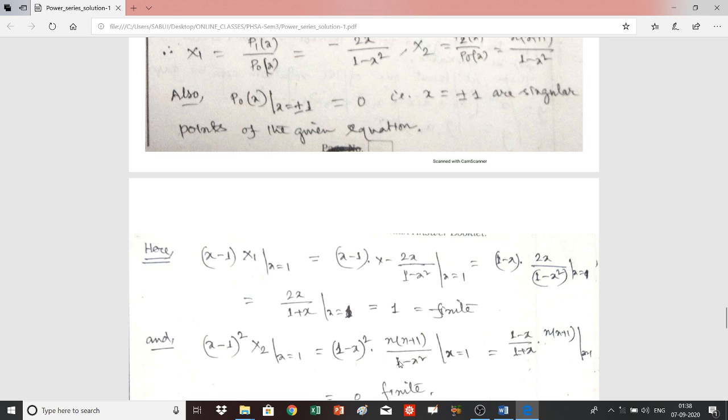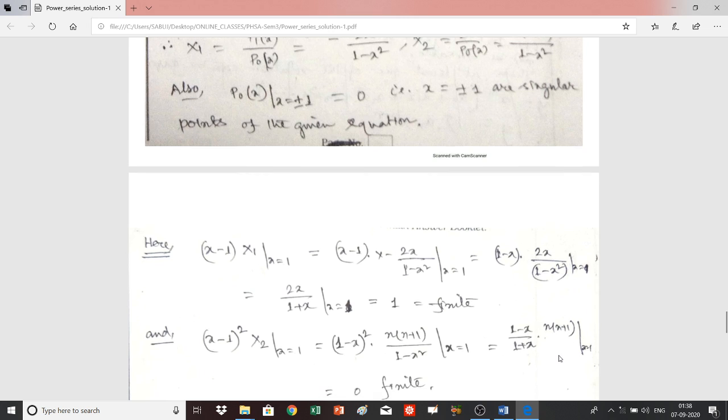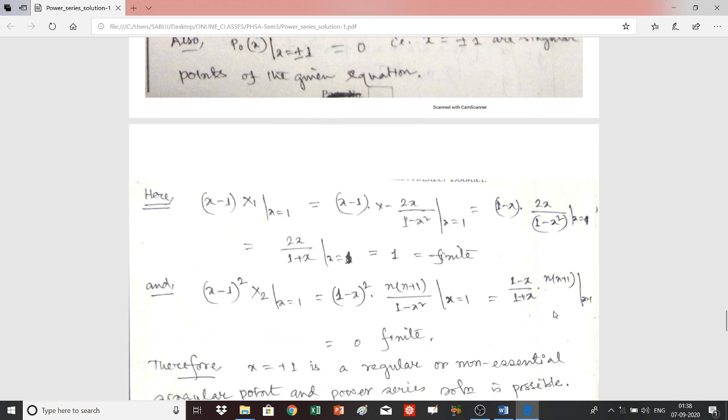This term can be expressed as (1 plus x) and (1 minus x), and one term of (1 minus x) will cancel out, and you will have (1 minus x) by (1 plus x) into (n plus 1), and if you use the value of x equal to 1, then it will give 0. So it is also a finite value.